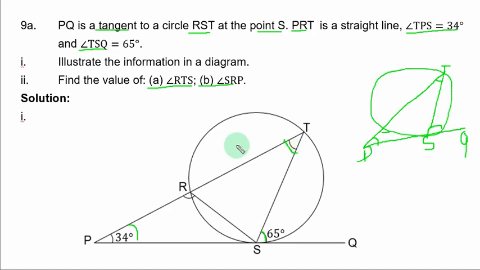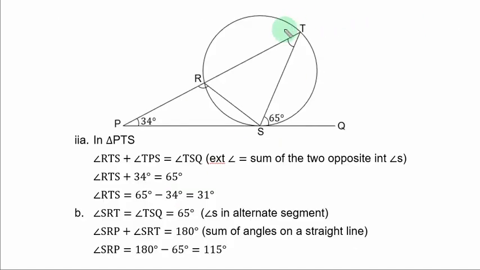Now to get SRP, that is this angle, you need to get this angle first. And this angle is equal to this angle, angles in alternate segment, and when you add these 2 angles equal to 180, angles on a straight line.